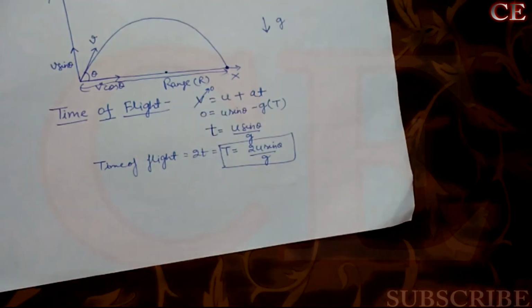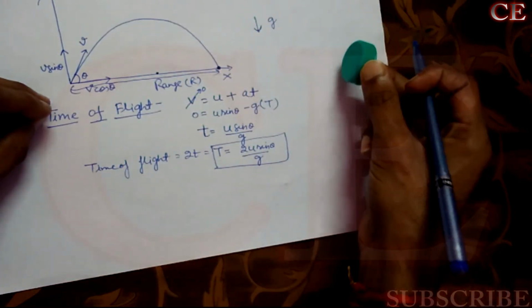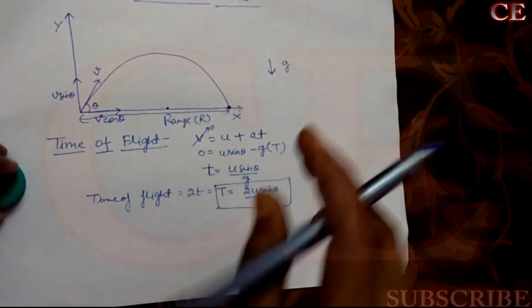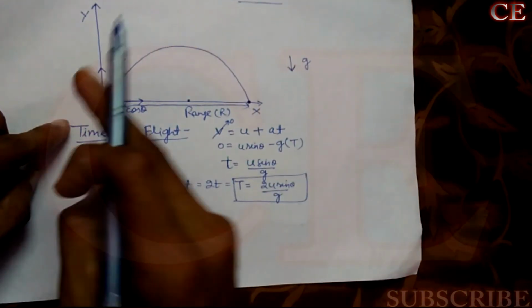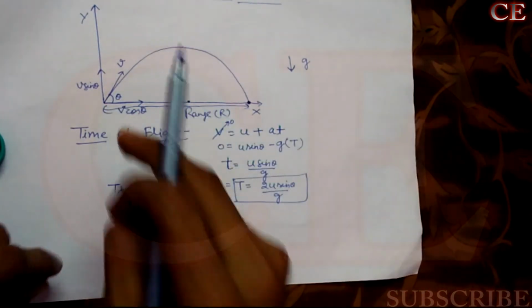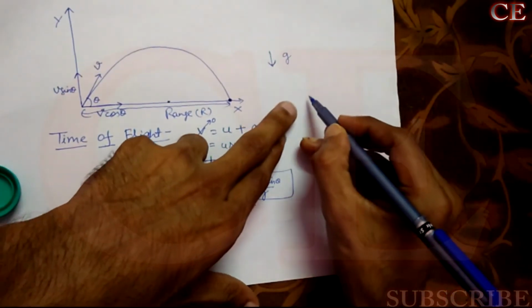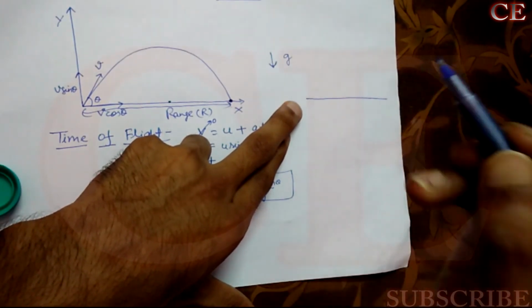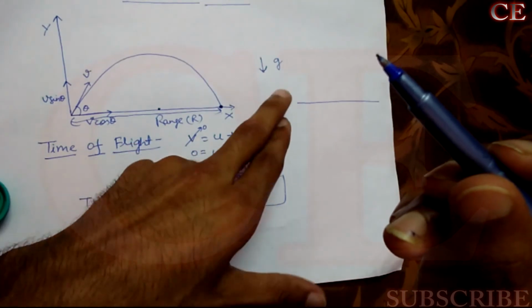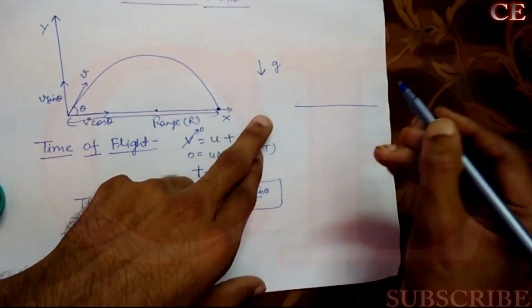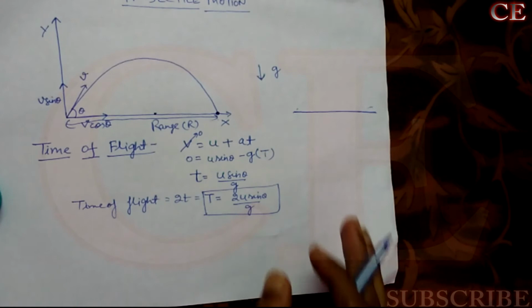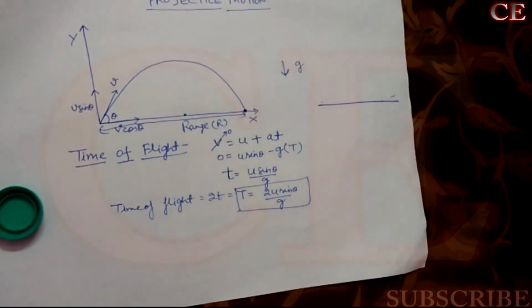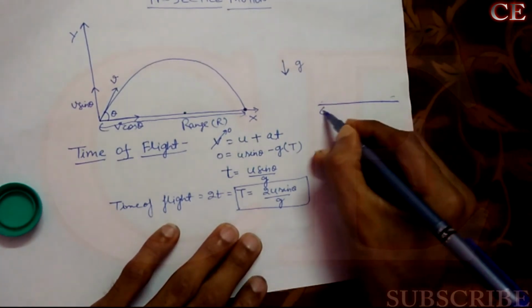Let's say it's R. When you look from the top, you will see that the ball simply goes straight like this, although it actually moves in a parabola. This is called the range.